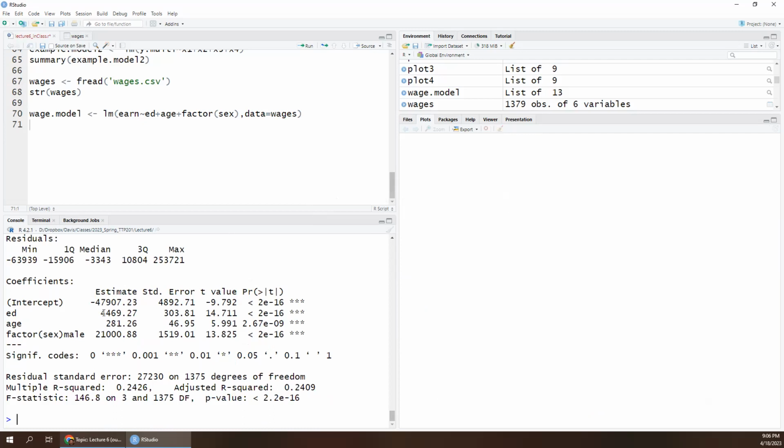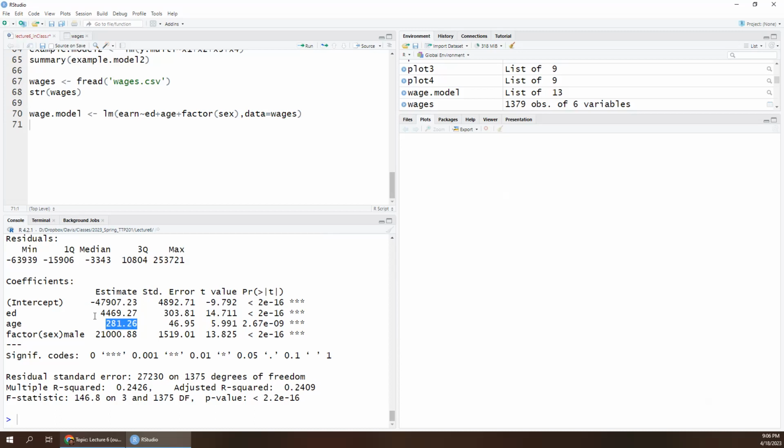So if we do our interpretation of the coefficients, we can see a couple things here. It's a little bit less straightforward to draw directly. But the interpretation is that for every year older a person is, they on average make $280 more.